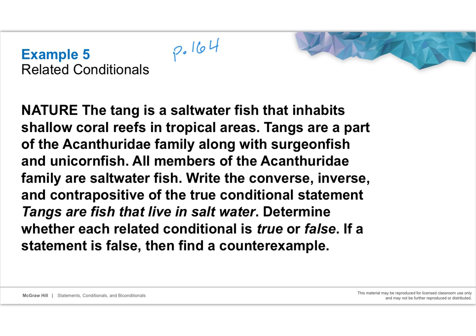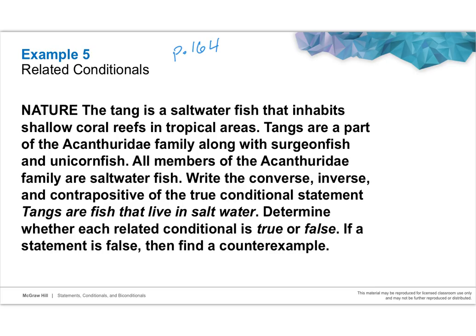So the tang is a saltwater fish that inhabits shallow coral reefs in tropical areas. And tangs are part of the Acanthuridae family. Let's see if my science teachers agree with that pronunciation, along with surgeonfish and unicornfish. So all the members of the Acanthuridae family are saltwater fish.